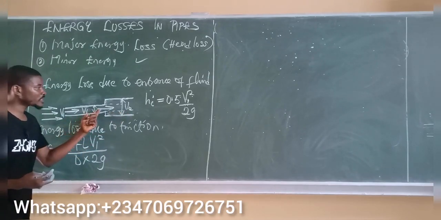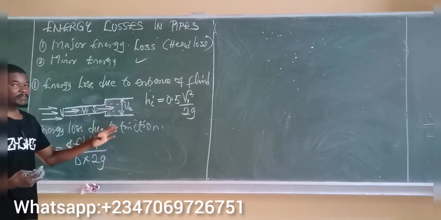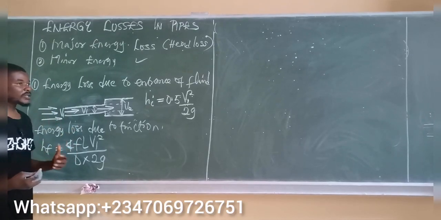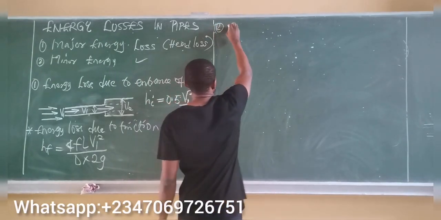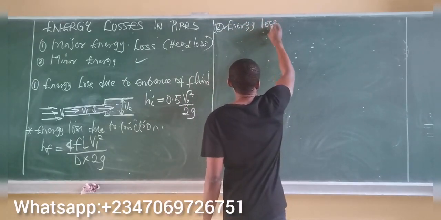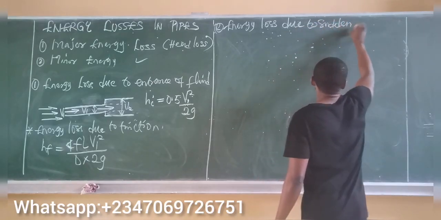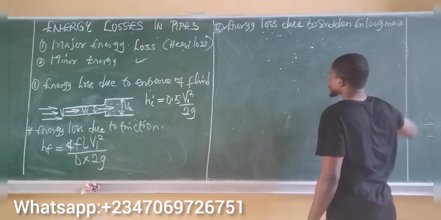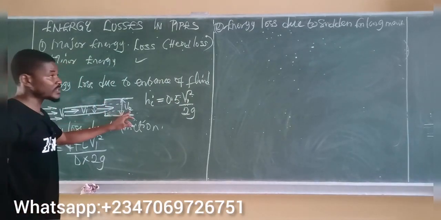And since there was a sudden enlargement as the fluid moves from here down to this point, a sudden enlargement to a larger diameter pipe, then we have another minor energy loss, which is called energy loss due to sudden enlargement. So the second minor energy loss we're talking about is energy loss due to sudden enlargement, and the speed of flow in that particular larger pipe is V2.